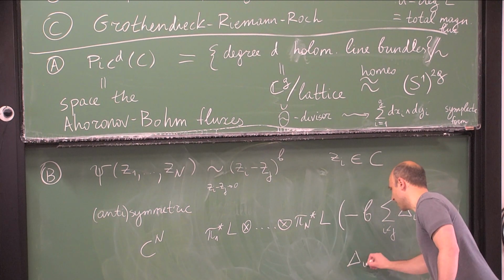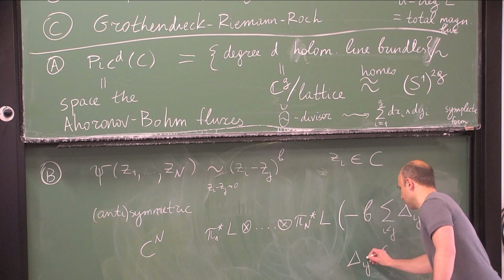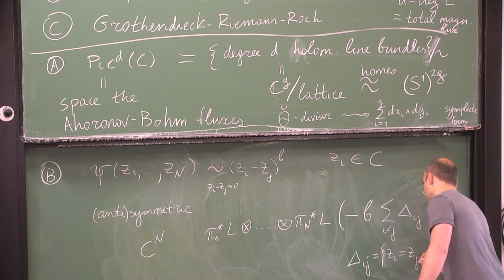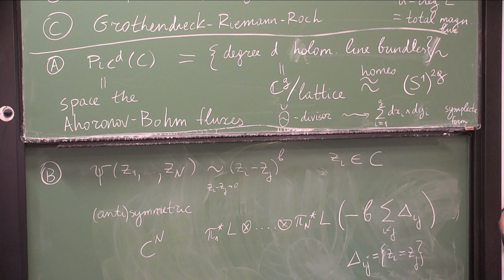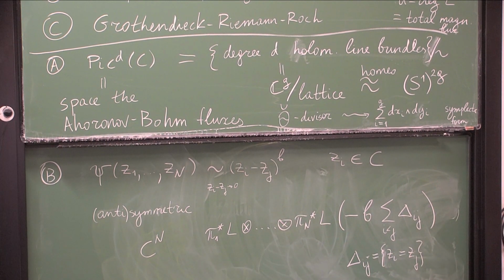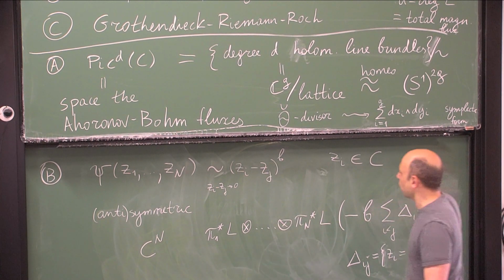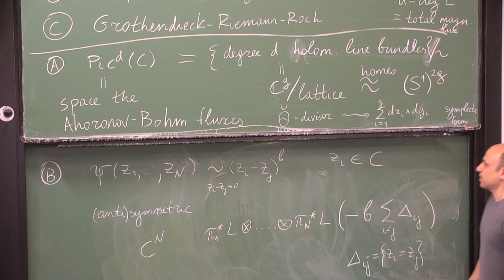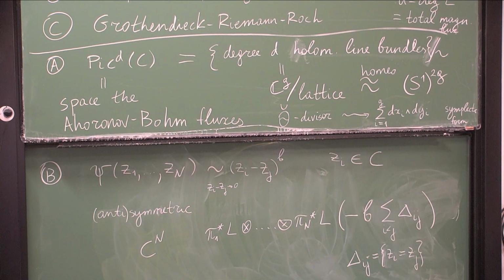So delta_ij is the diagonal where z_i is equal to z_j. This is a line bundle on the nth power of C. But we actually can do even better, because so far we have to add this symmetric or antisymmetric condition. This is not something that is easily done in algebraic geometry.